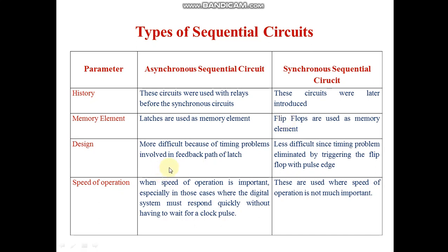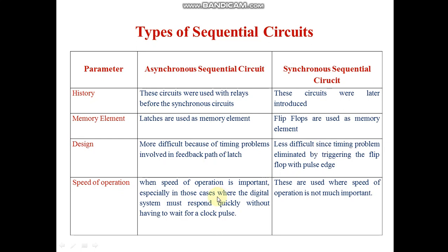Asynchronous circuits are more difficult to design because of timing problems involved in the feedback path of the latch. So the timing problem takes place in asynchronous sequential circuits, while synchronous sequential circuits are much less difficult since the timing problems are eliminated by triggering the flip-flops.